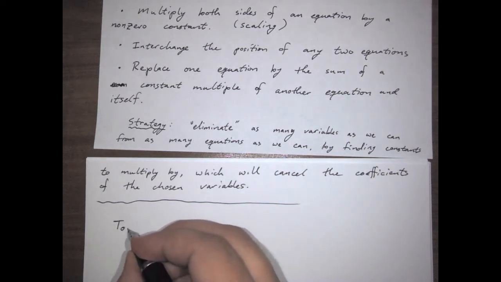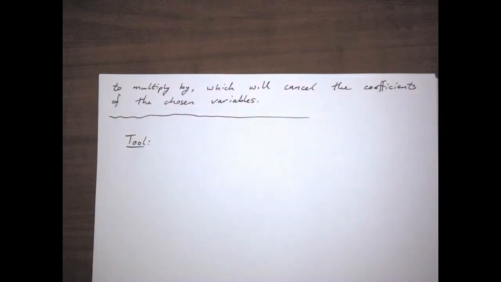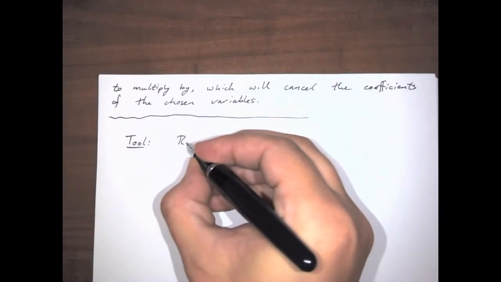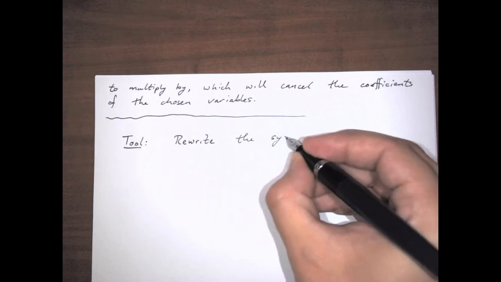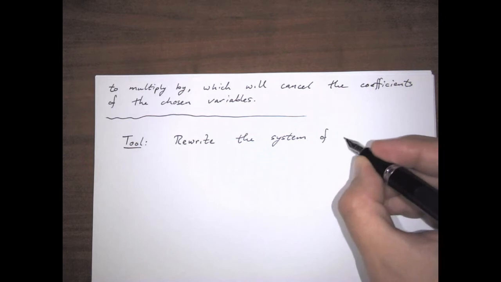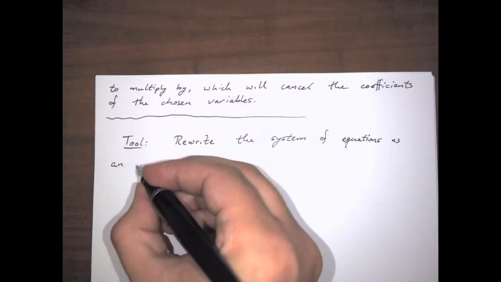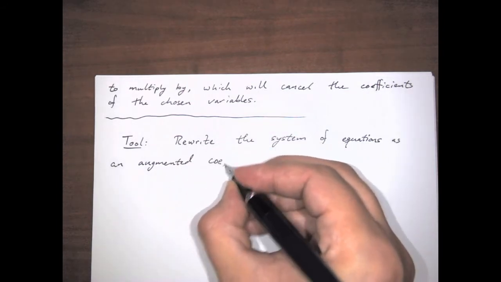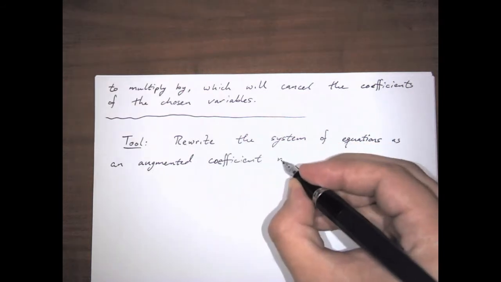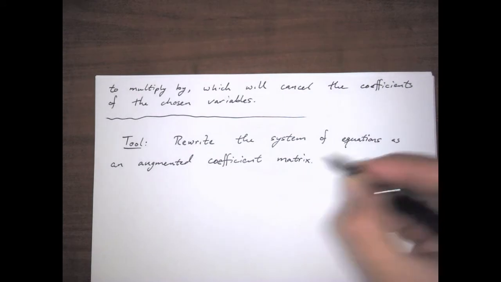So here's a tool that we'll use: rewrite the system of equations as what is called an augmented coefficient matrix.